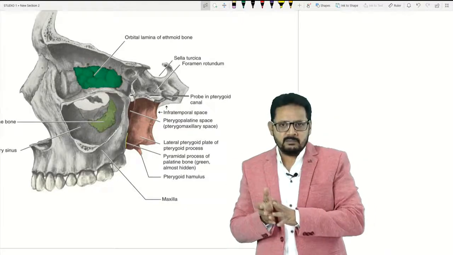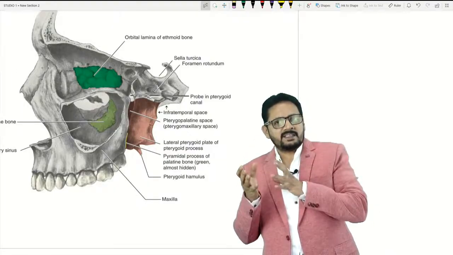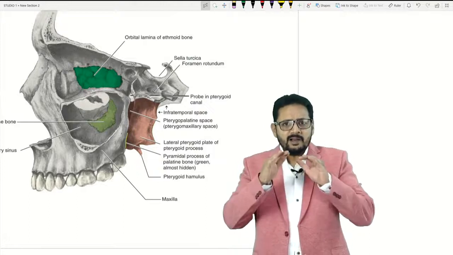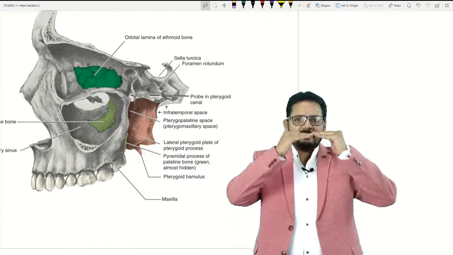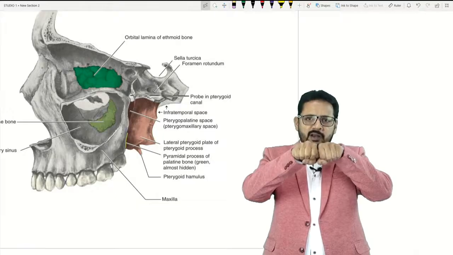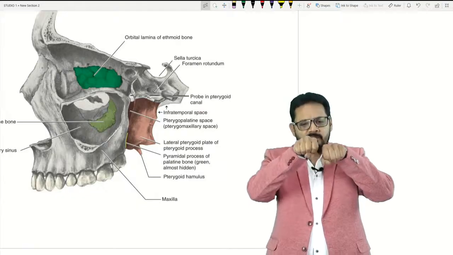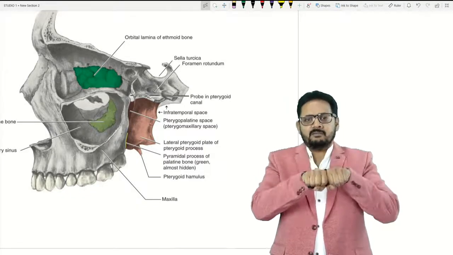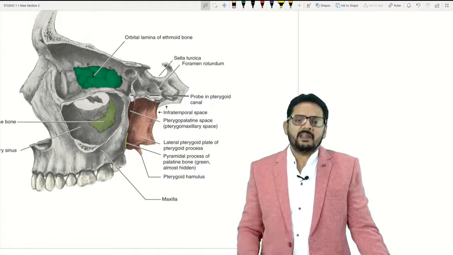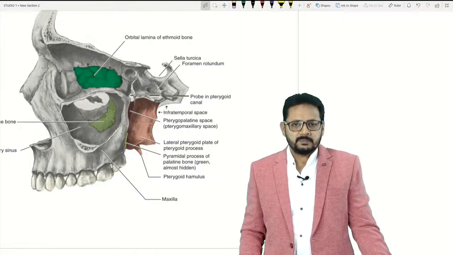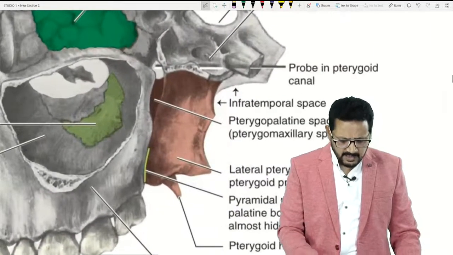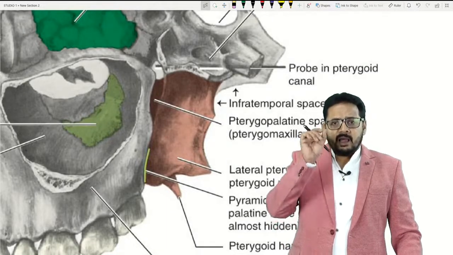But if there is a long-standing edentulous case, say for example a 65 to 70-year-old, because of the resorption of the maxilla, the tuberosity and the pterygoid plates will be almost at the same level. That is the reason clinical palpation is very, very important. Got it? Fine.